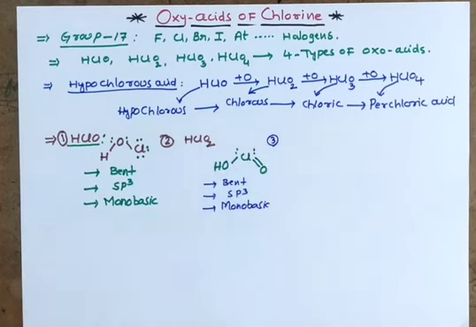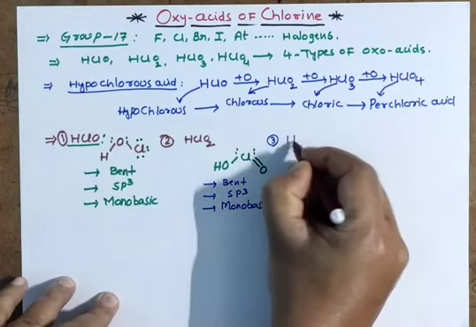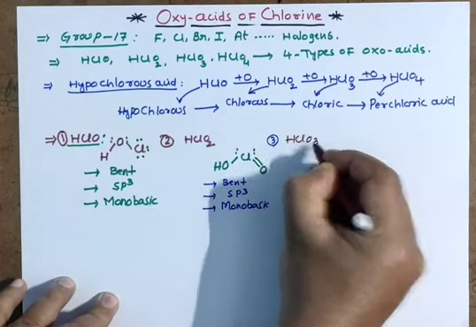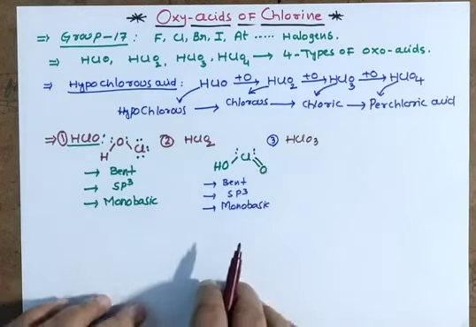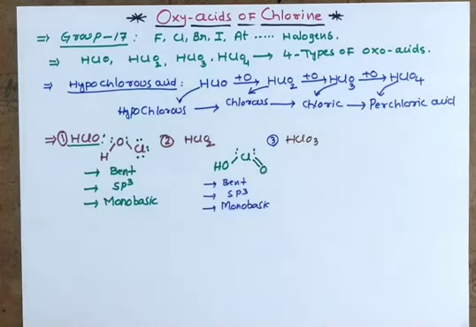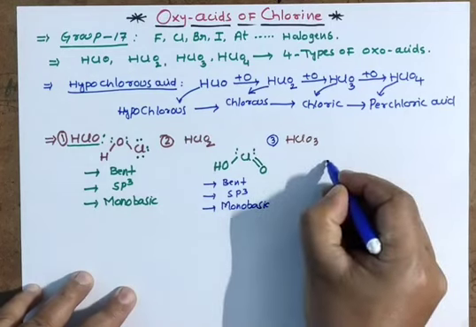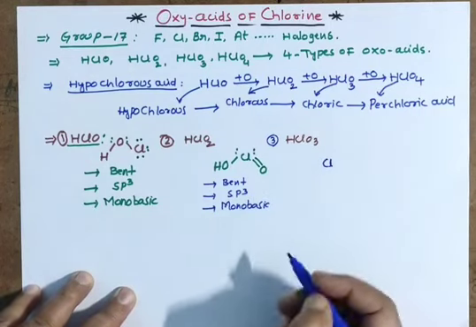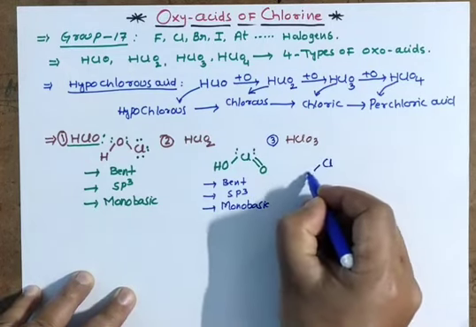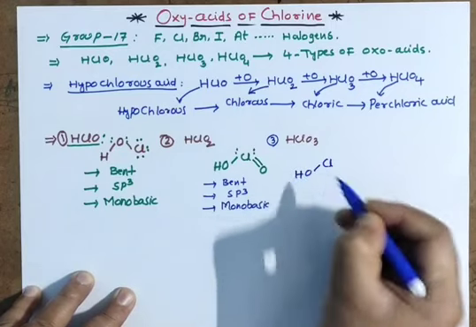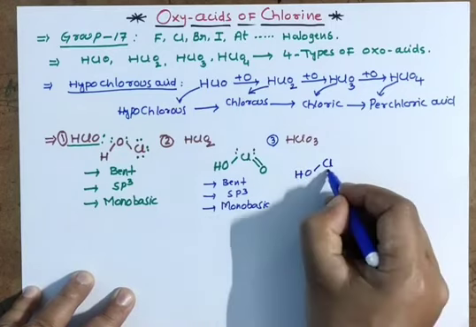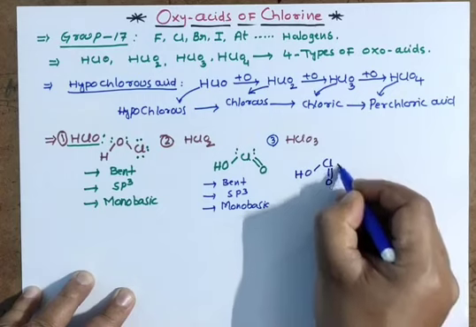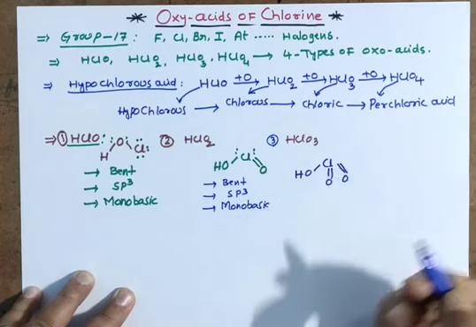Go for the third one, chloric acid, HClO3. As you know very well, central atom is chlorine, no doubt. One OH bond is compulsory because it is an oxo acid, and the remaining 2 oxygens are bonded with double bonds.